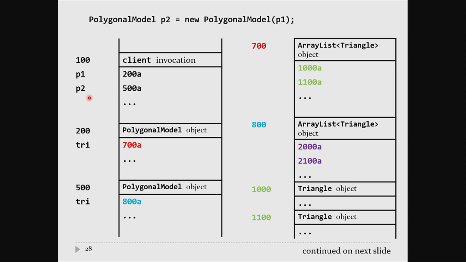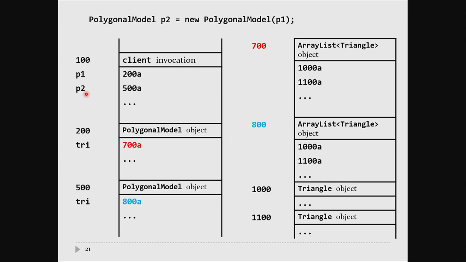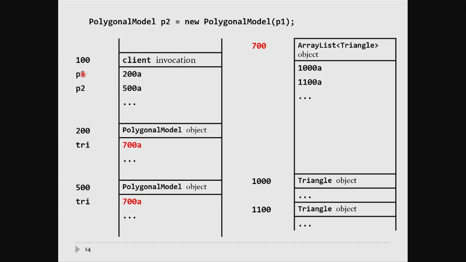There's 2 copies of everything on this slide. Back here, when you only copied the list, there were 2 models, 2 lists, but only 2 triangles. There aren't copies of the individual triangles. And when you just use straight aggregation, there's only 1 list, and there's only 2 triangles, and everything's shared.